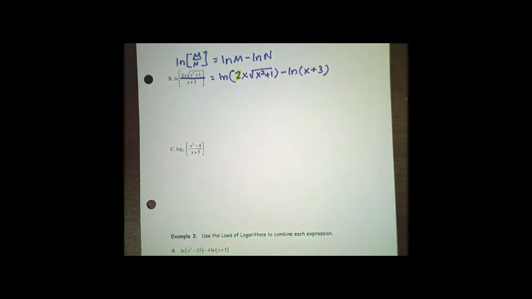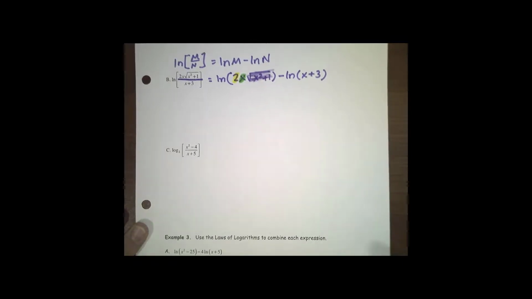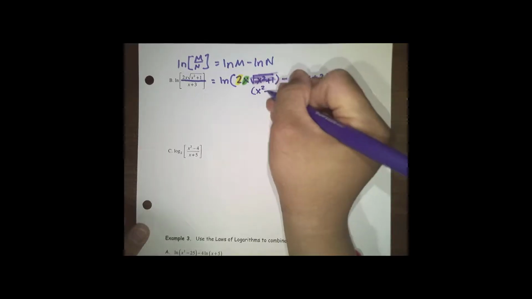And then here I see that I actually have 3 factors multiplied together: the 2, the x, and the square root of x squared plus 1. Before I continue, just take a moment to recognize that this is actually x squared plus 1 to the 1/2 power.